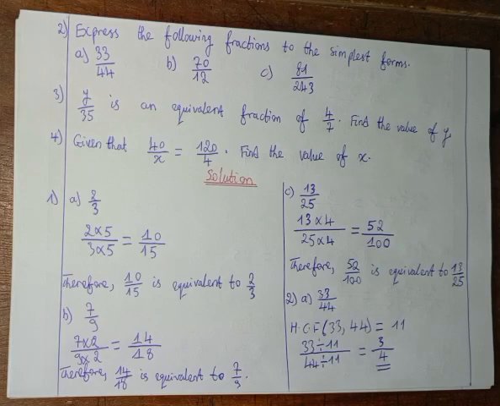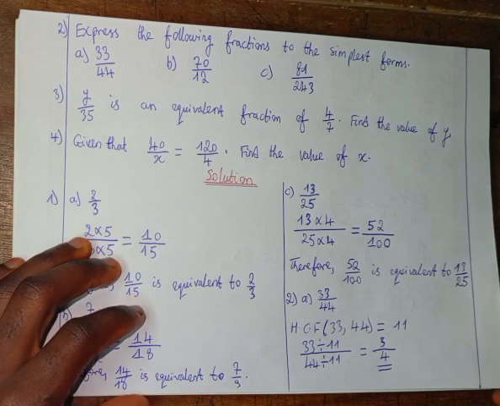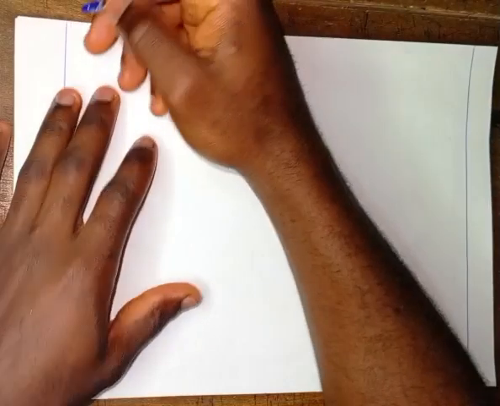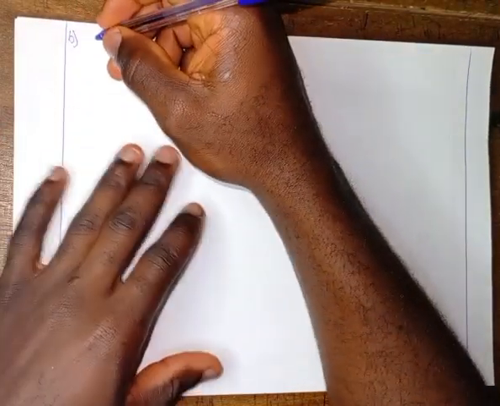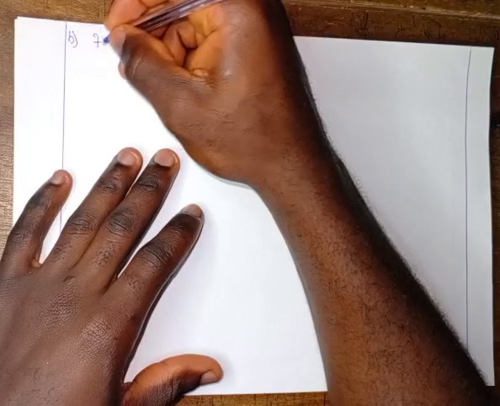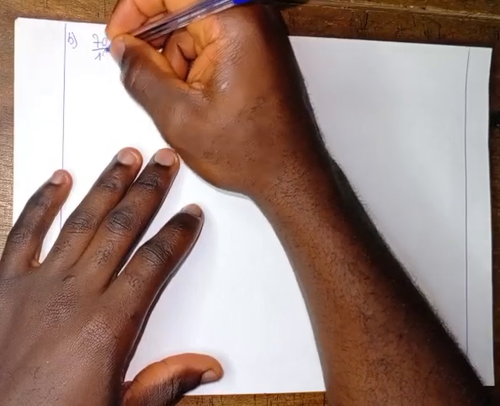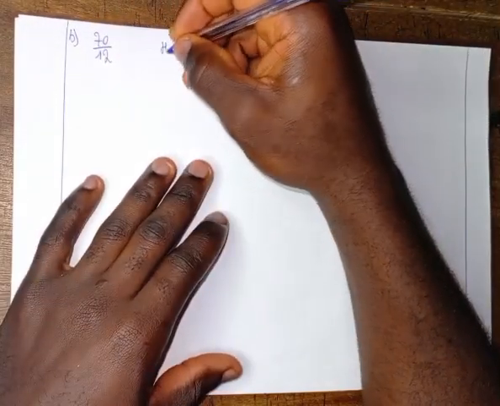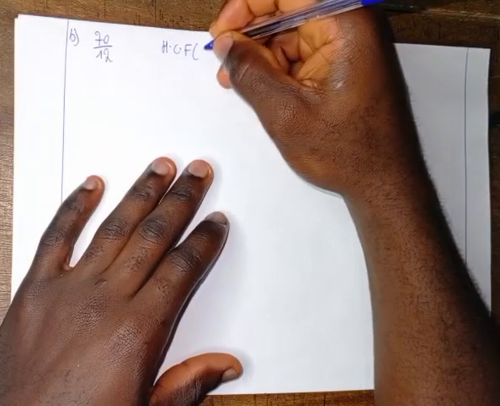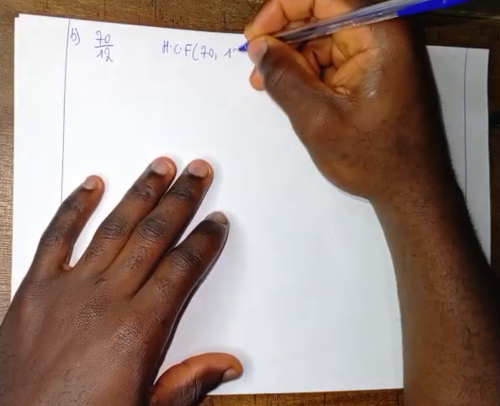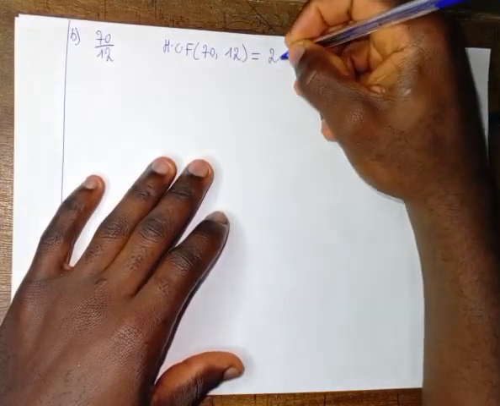3/4 is the simplest form of the fraction 33 over 44. We go now to question B. For question B, we have 70 over 12. The HCF of 70 and 12 is simply equal to 2.